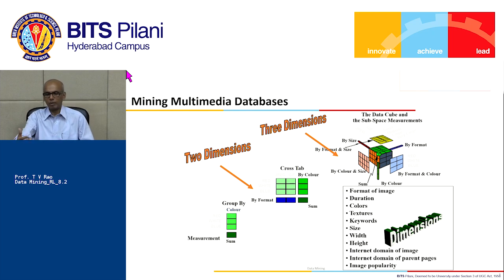It's easy to represent, but beyond that, it's difficult to represent. But the dimensions, as you can see here, there can be several forms of dimension examples. These are mostly related to the picture, but for other multimedia objects, we need to identify those dimensions and carry out the multidimensional analysis.